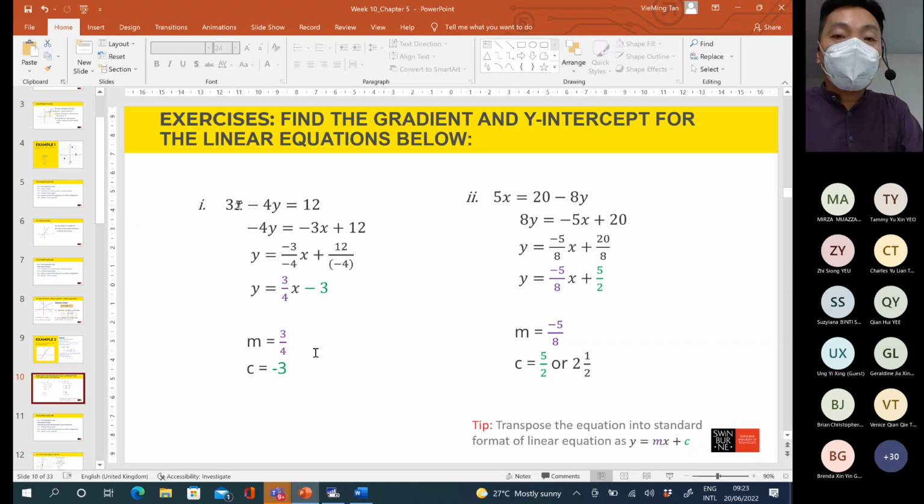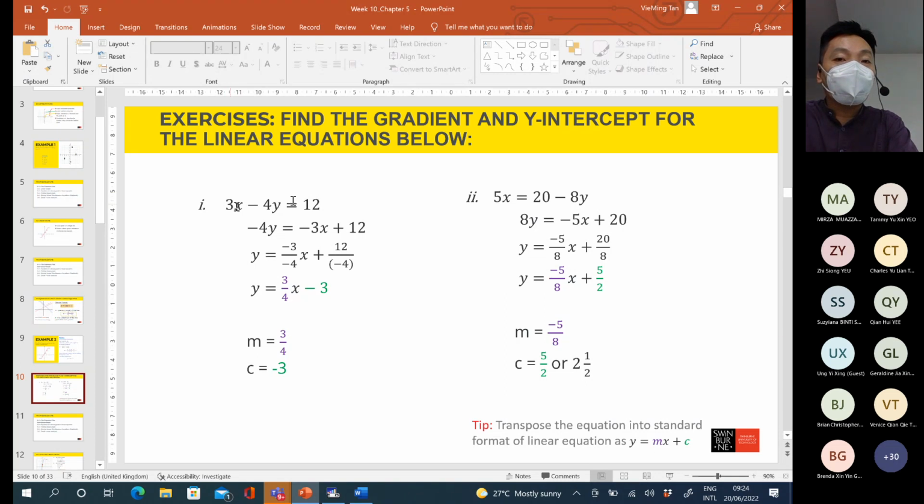Okay, so let's try one example. This one, 3x minus 4y is equal to 12. In order to make y the subject, which number do we need to move first? We have 3x, we have minus 4y. There are quite a number of ways to get the answer. We will try this method. Since there are two terms on the left-hand side, it's better to move this term to the right-hand side first.